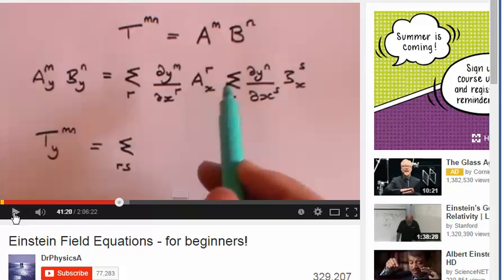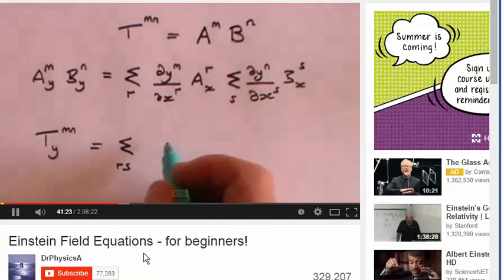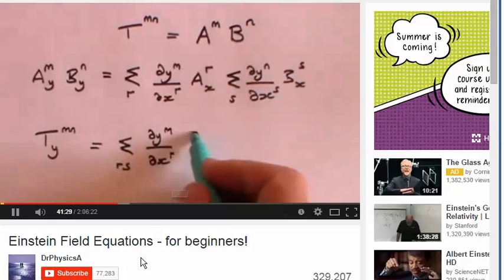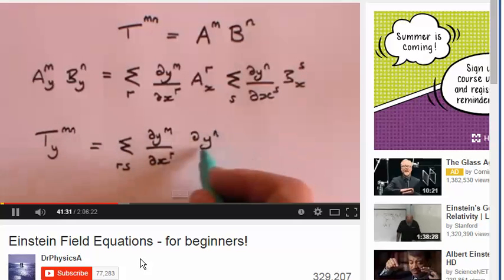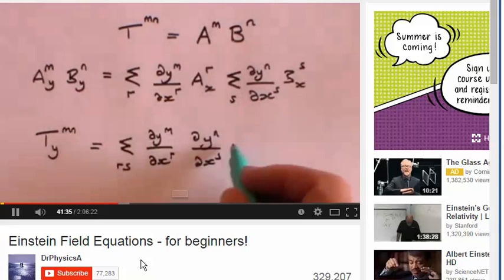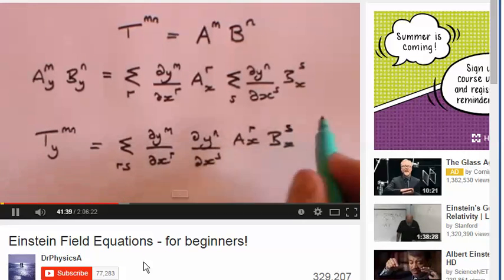Some terms here, which I'm just going to simplify, multiplied by dym by dxr, and then you've got a dyn, dxs, times axr, bxs. That's that term and that term.